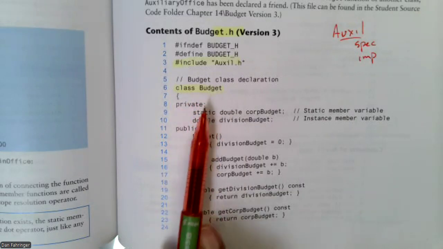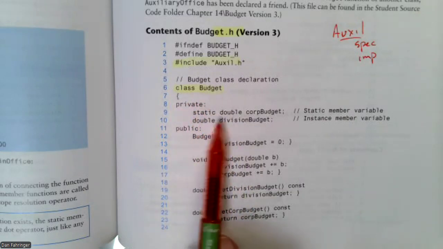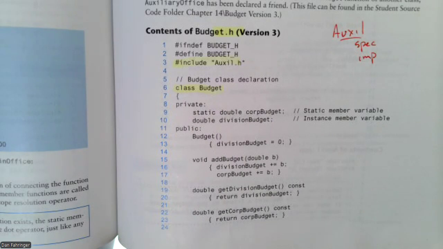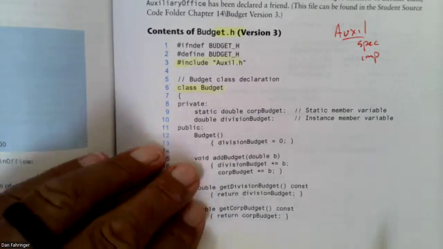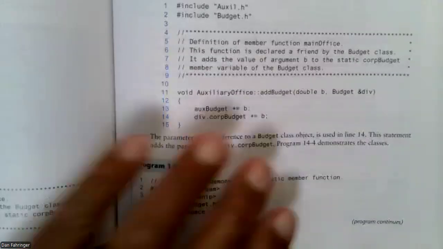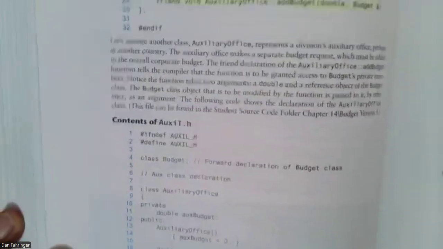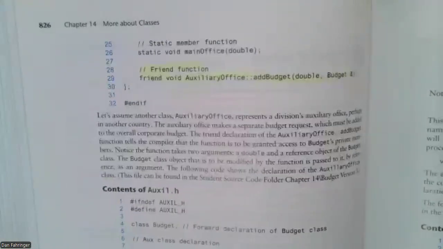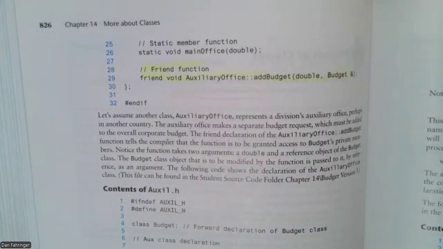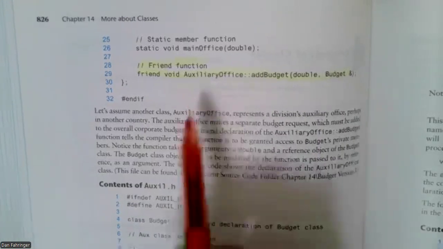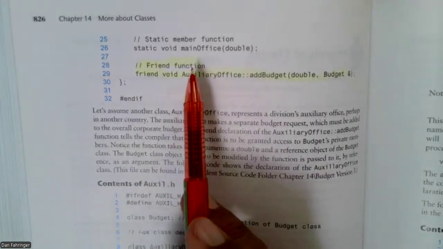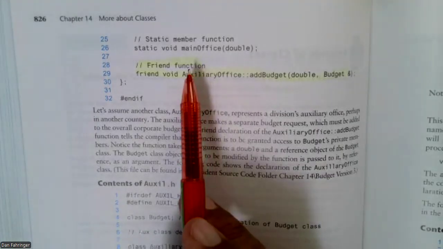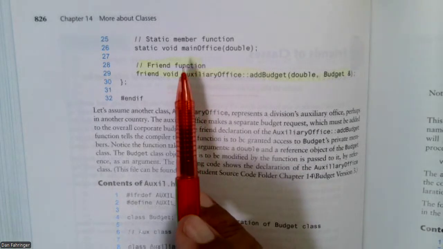So, class budget. We looked at all of this. There's my static variable. I like that. Nice. It's independent. And down here at the end is where I'm going to give permission. I'm giving permission to a function, and I'm going to allow it to use my private members.